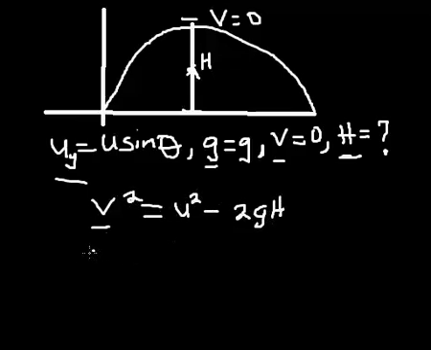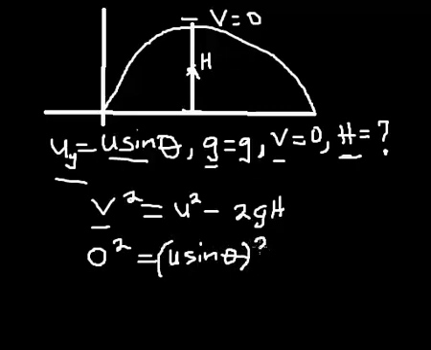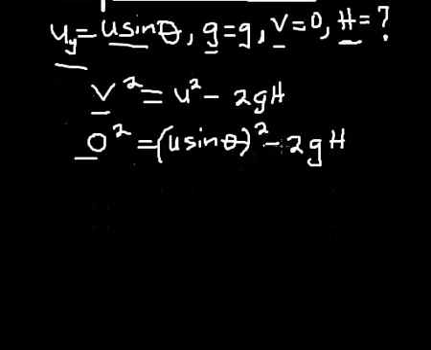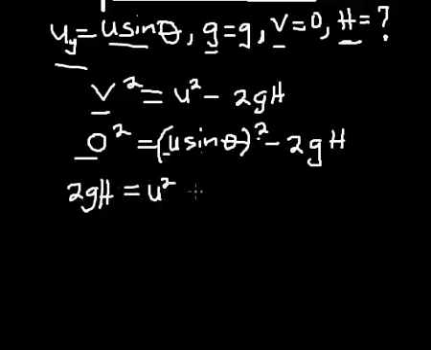V is 0, U is u sine theta, so that's going to be u sine theta all square, then minus 2 times g, of course, times h. So 0 square is still 0, so minus 2gh goes over, it becomes 2gh. Then I have u square gives me u square, sine theta square gives me sine square theta.